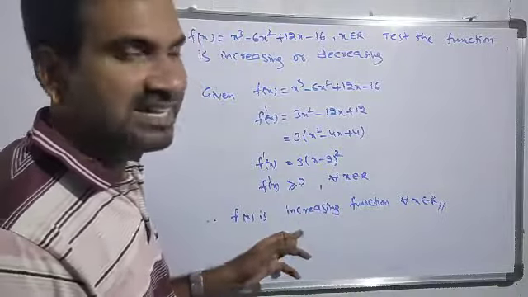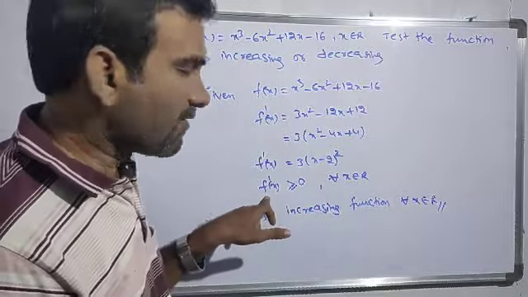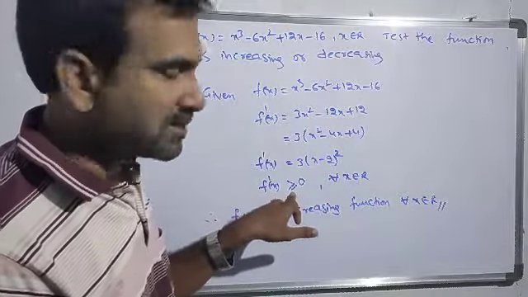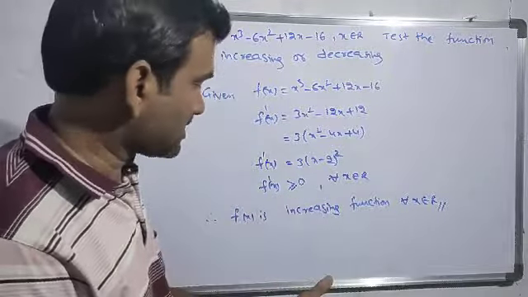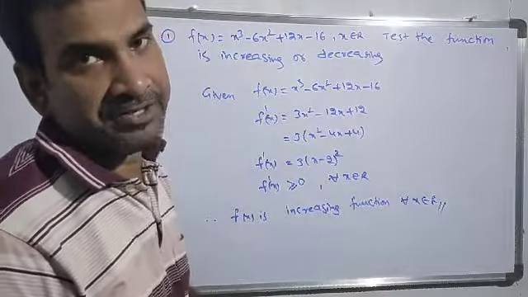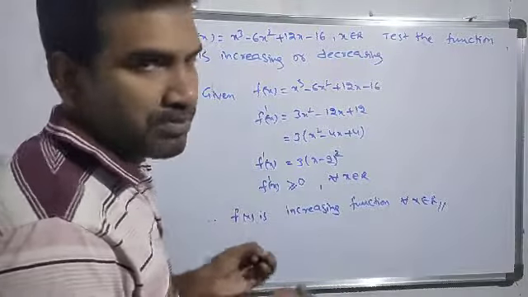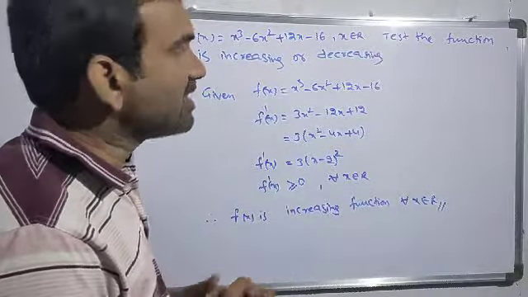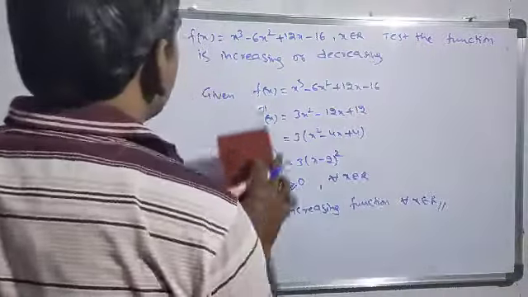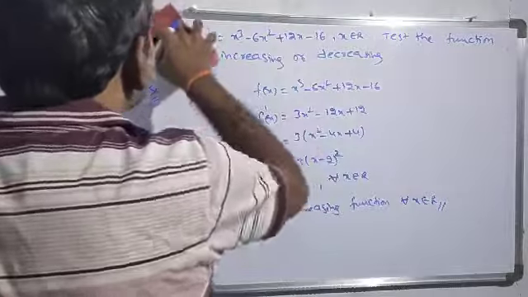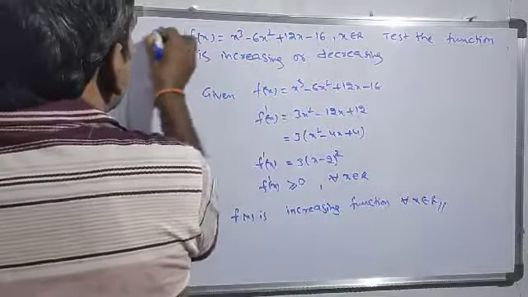Already we discussed the increasing function. The f dash of x value is compulsorily greater than or equal to 0 for all x belongs to R, so we can say that it is an increasing function. Understand? So it is a very simple problem, and we can easily observe that. Right. Next, I am just changing the function.